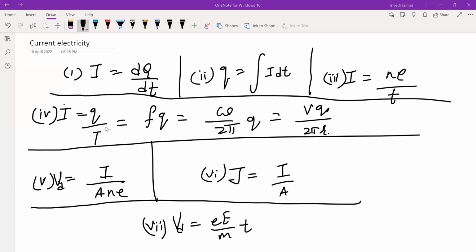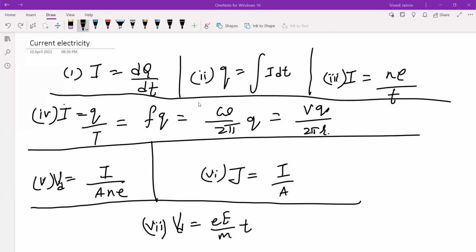These are approximate values. Greater the electric field, greater will be the drift velocity. So v is directly proportional to E from the formula. And the direction of drift velocity for an electron is opposite to the direction of the applied electric field.